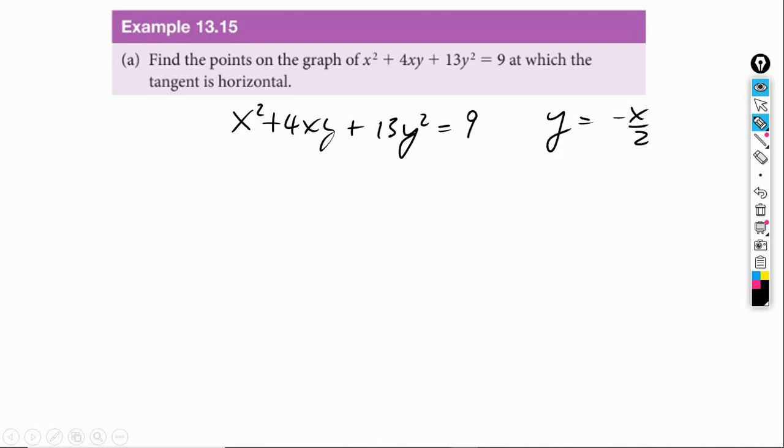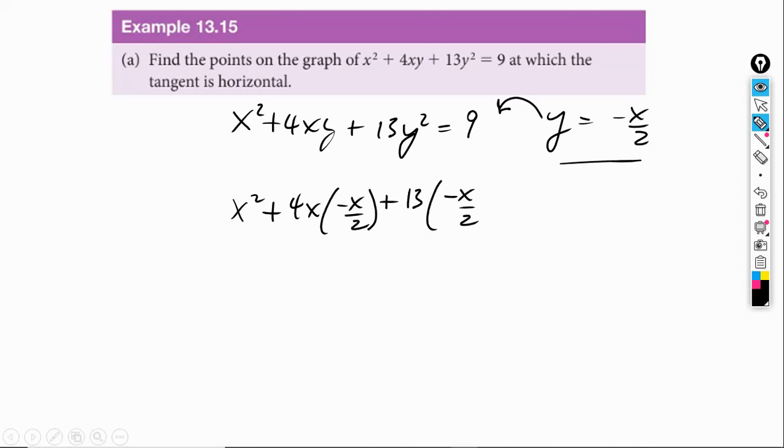So we said let's substitute with this in there. So once we do that, we're going to get x squared plus 4x times minus x halves plus 13 times minus x half squared equals 9.